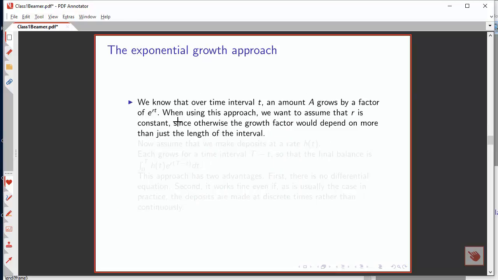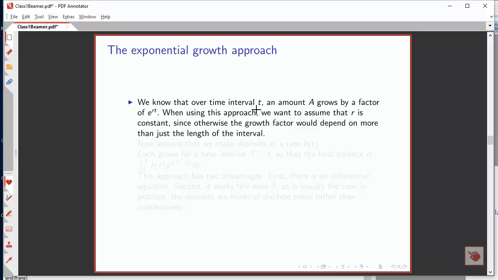Now, in fact, there's a way of looking at this that never requires you to mention differential equations, and we will be using this approach over and over again in this course. If you take a course in differential equations like Math 110, you will discover that this is the so-called Green's function solution to this differential equation. But in economic terms, this is so straightforward that most people just regard it as obvious.